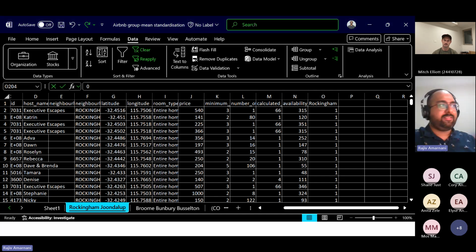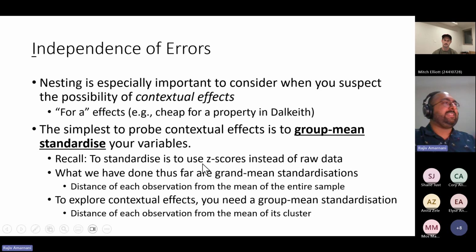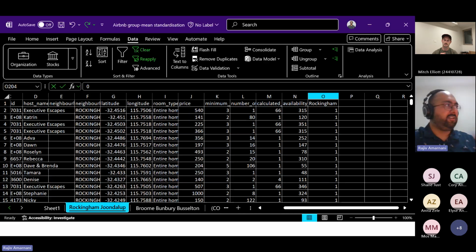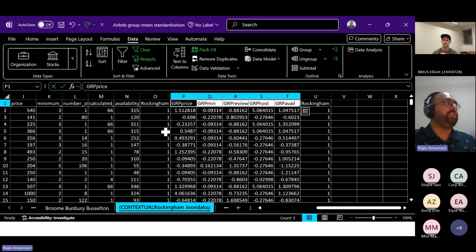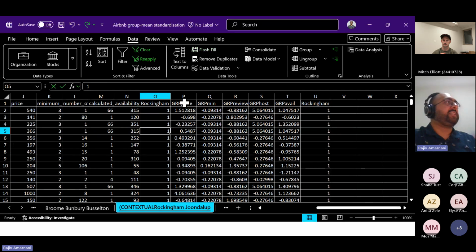So we can get around that by computing a different kind of Z score using the group mean. So let's do this here. Or rather, we've done this here. I'll show you what was done. This is a set of Z scores standardized by the group mean. What do I mean by this?